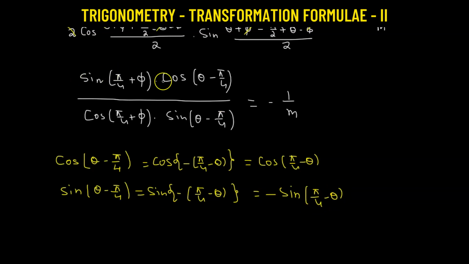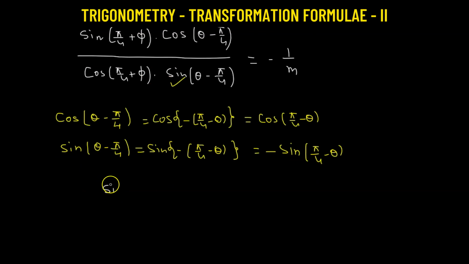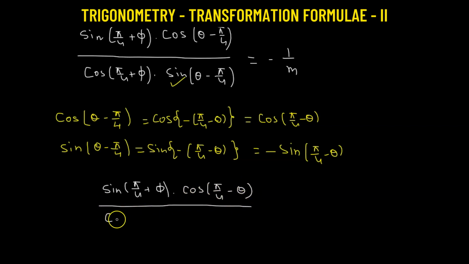We're going to replace this value. So we get sine of angle pi over 4 plus phi multiplied to cosine of angle pi over 4 minus theta, whole divided by cosine of angle pi over 4 plus phi multiplied to negative times sine of angle pi over 4 minus theta.